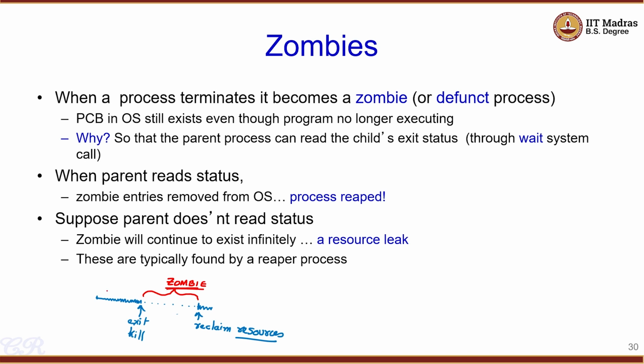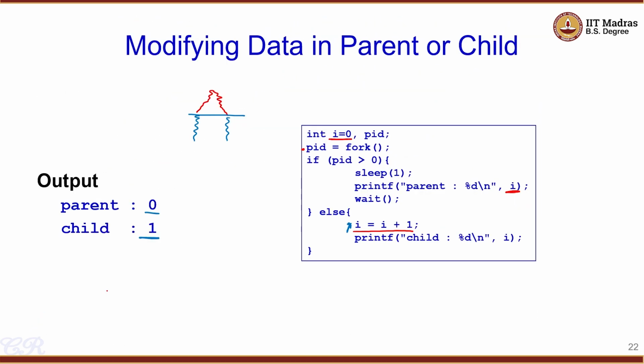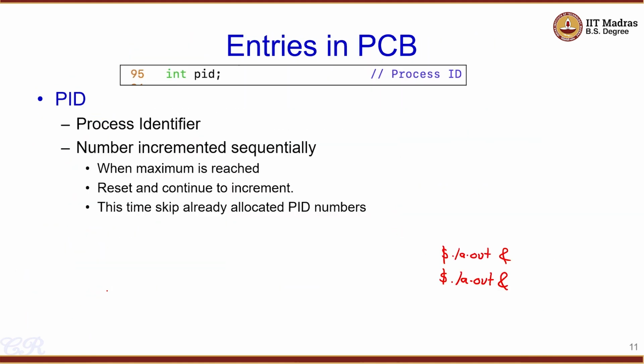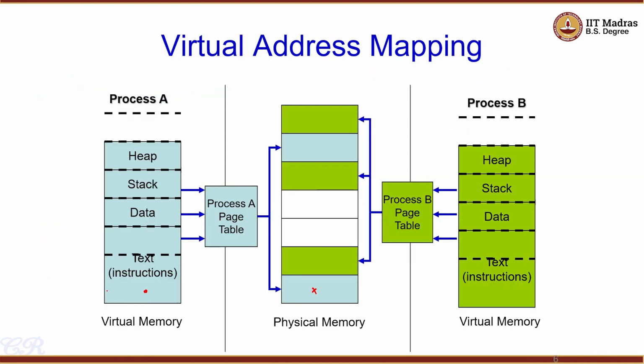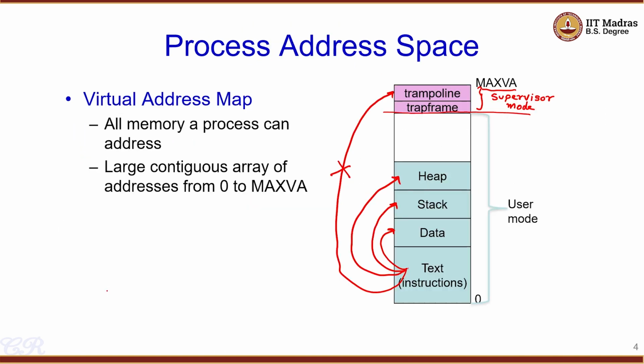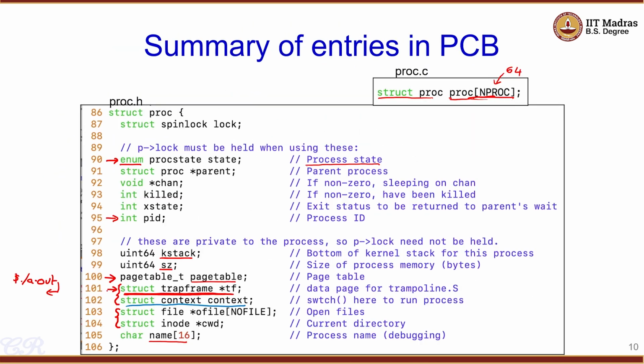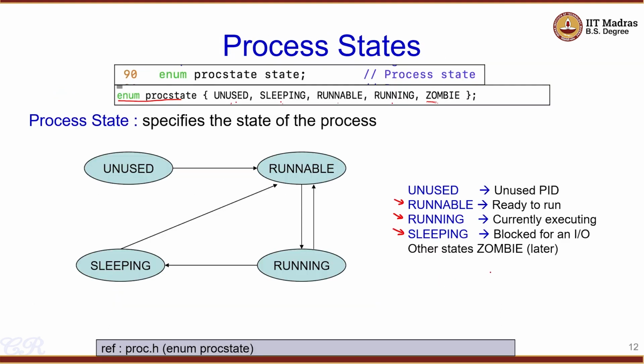Recollect that when we looked at the various states of a process, we had one state that was called zombie. A process becomes a zombie when it has terminated, but the operating system has not yet deallocated all its resources. During that period of time, the process is called the zombie process.